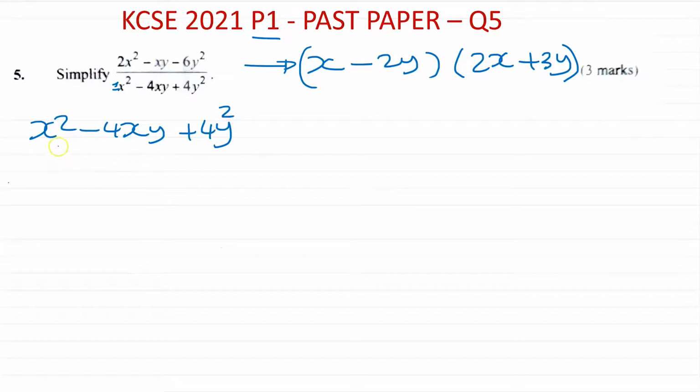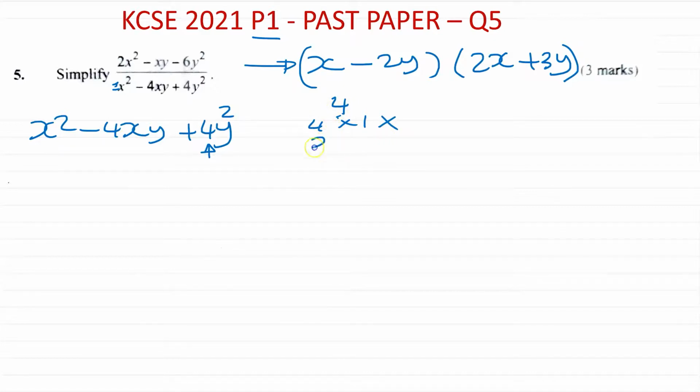I'm taking my number here, 4. Which factors of 4 would give me a negative 4? I could do 4 times 1, but there's no way they're going to give me a negative 4 if I add or subtract them. So this pair will not work.